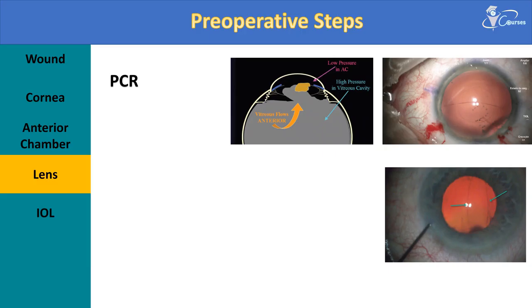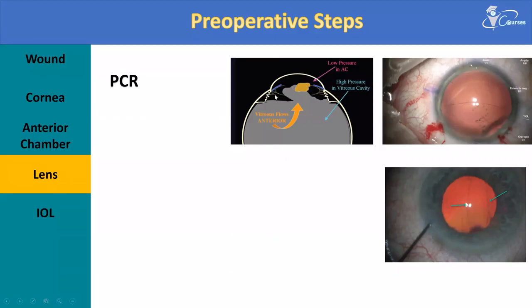So vitreous anatomically shouldn't be present in the anterior chamber. It should be in the vitreous chamber. After the break of the posterior capsule, the tension in the anterior chamber will drop, which will invite the vitreous to come. So we want to minimize or prevent vitreous prolapse into the anterior chamber as much as possible.